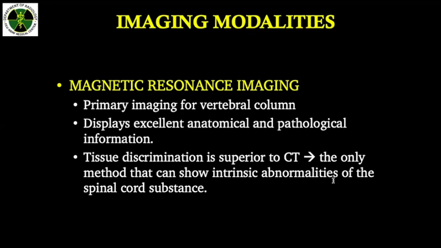But because of tissue discrimination superior to CT scan, it is the only method that can show intrinsic abnormalities of the spinal cord substance, and the abnormalities in the bones may appear as an increase in signal in a background of calcified bone, which is low in signal.